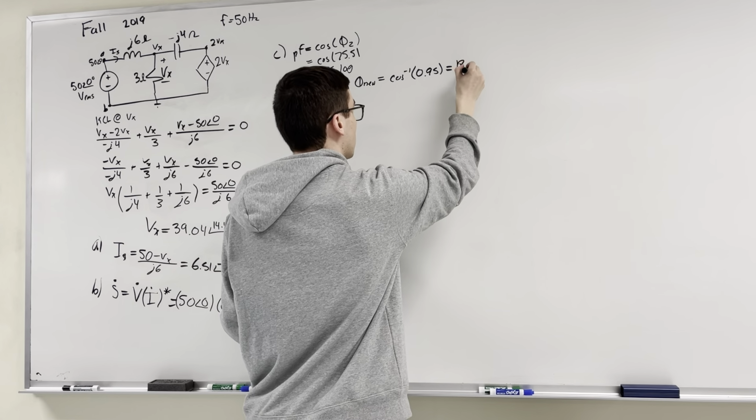It asks you to add a reactive element, so you could add a capacitor or inductor from A to B. It doesn't really matter which one you add. I chose to add a capacitor because that's what you usually do in all cases with power factor correction.